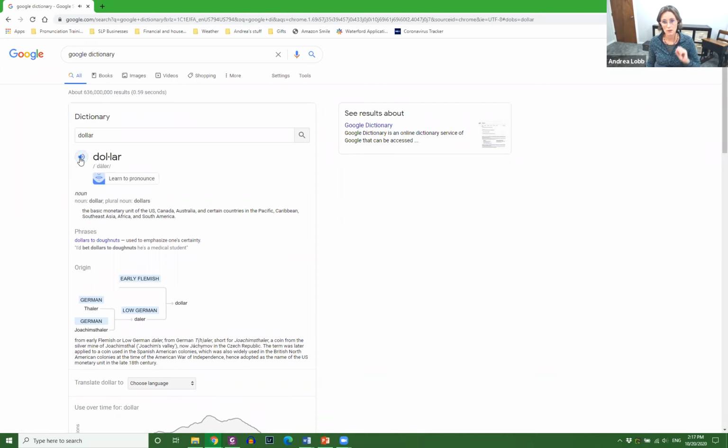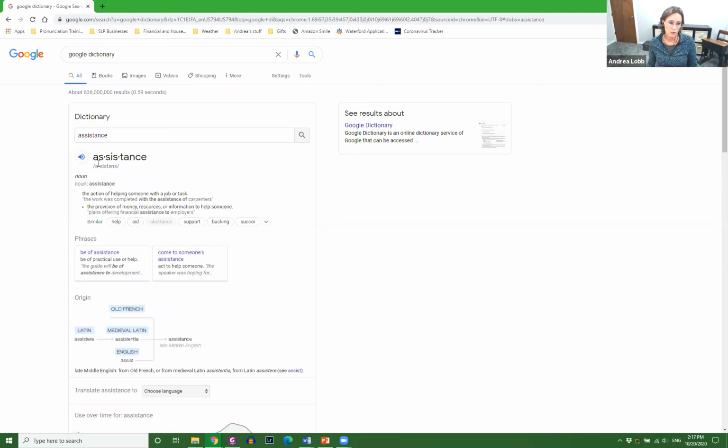Dollar. Let's look at one that has second syllable stress. Oh, am I struggling to think of a good one? Well, let's do something like assistance. Okay, so look at the shift in the stress marking.